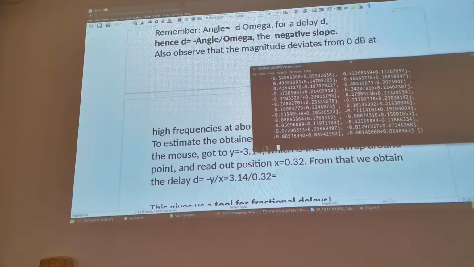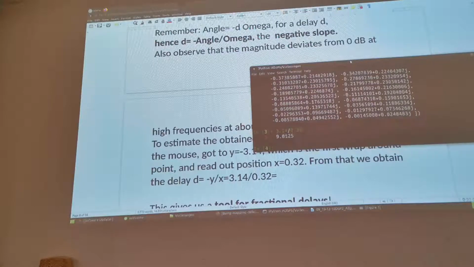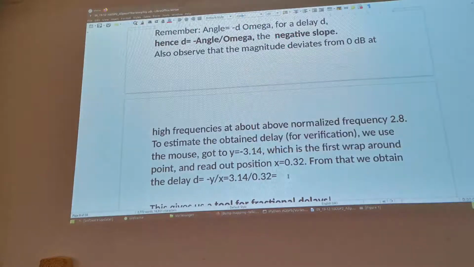Great. So let me try it here in my IPython. 3.14 divided by 0.32. Yeah, so we are ending up at 9.8. This is roughly our target of 9.5.